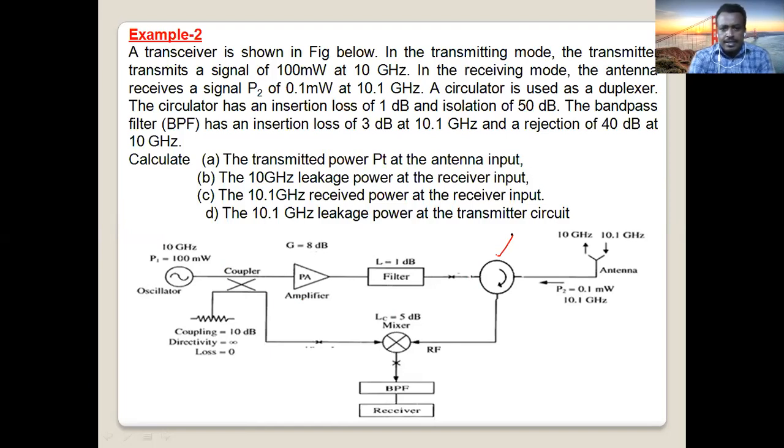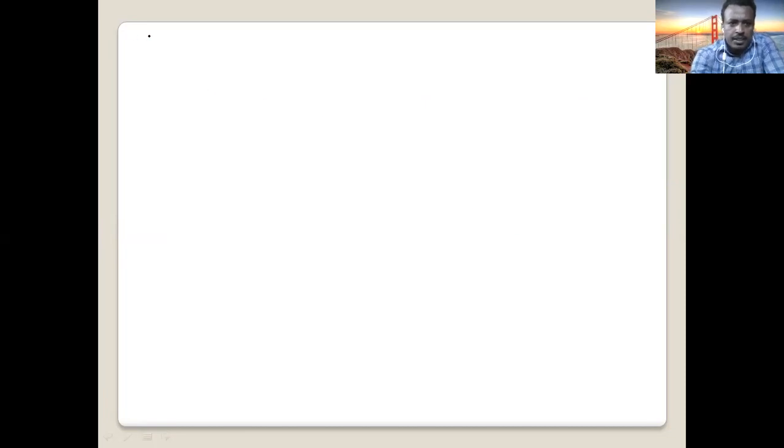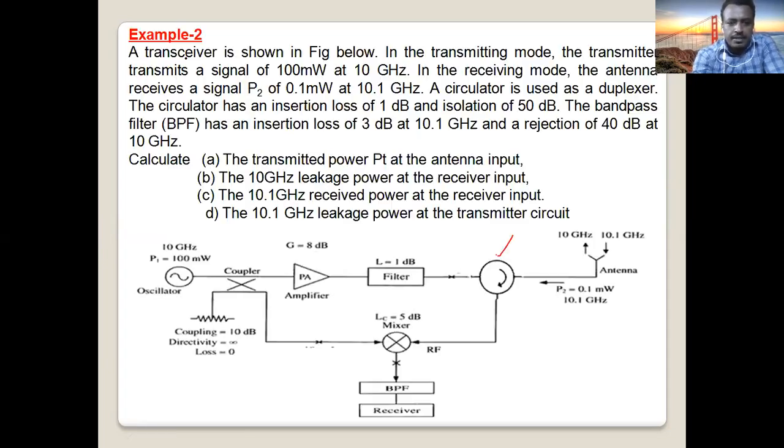Let's analyze this circuit. Let's start from the transmitter part. Let's see each component individually, in this transceiver.